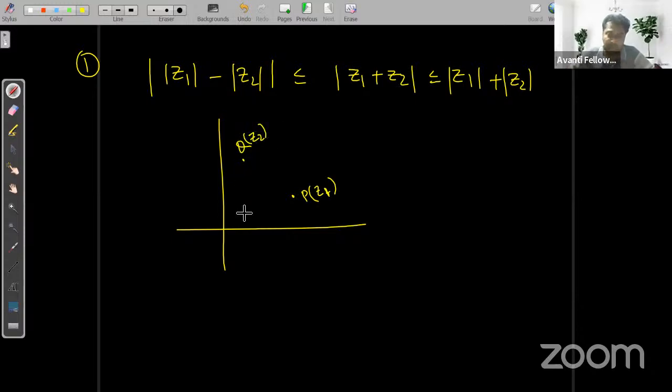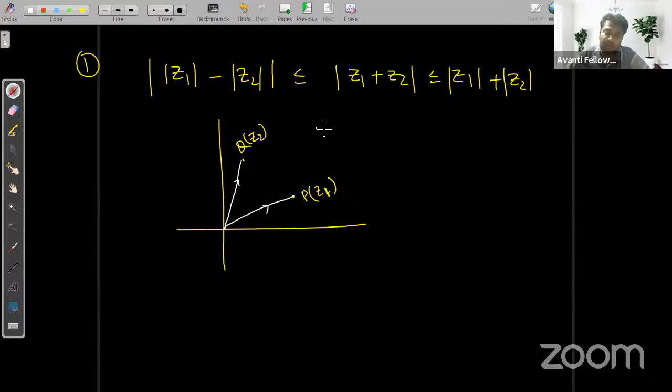So if we take the position vector of point P, this will be the position of point P. And if we take the position vector of point Q, this. Now if I ask you to find Z1 plus Z2, where will it lie if we add these two complex numbers?